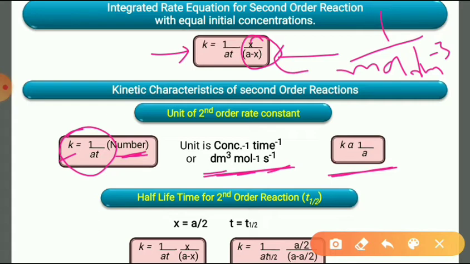If you compare with first order reactions, where the rate constant is independent of initial concentration, in this second order reaction k is inversely proportional to initial concentration, that is, it depends upon the initial concentration. Now let's see the half time for second order reaction.